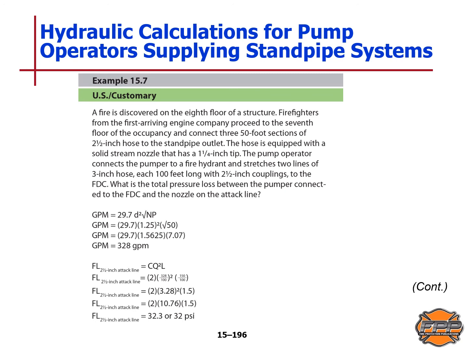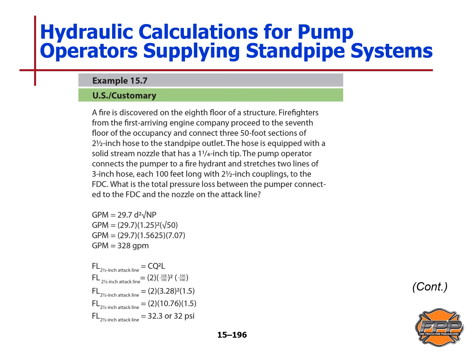Now let's look at the friction loss in the 2.5-inch attack line. That uses our formula CQ squared L. So our friction loss for the 2.5-inch attack line, let's plug in the numbers, is 2, which is our coefficient, times 328 divided by 100 squared, times 150 divided by 100.